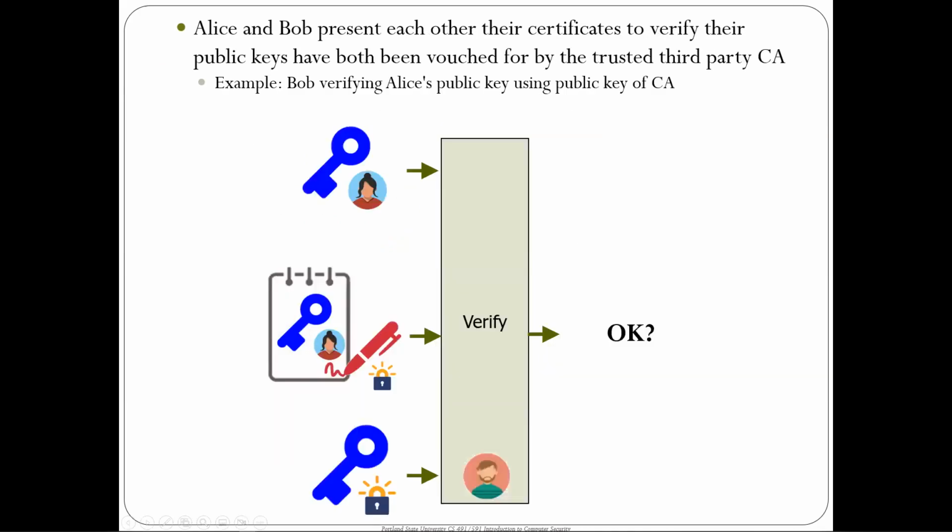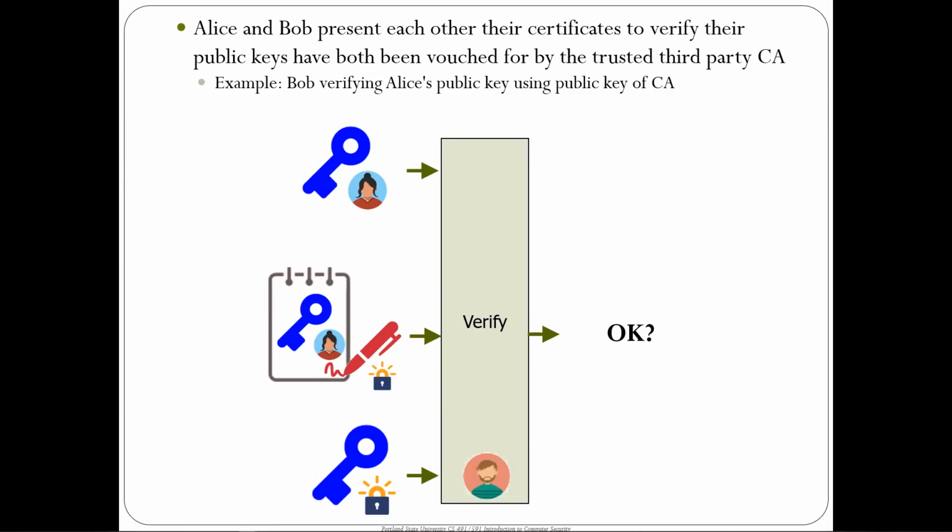So when they want to communicate, Alice sends Bob the certificate, and Bob pulls out her public key, pulls out the CA's signature of Alice's public key, and then takes the public key in the CA's cert and verifies that, yes, this public key was used to sign this public key, and that these two things match. Okay, so this is Bob verifying Alice's public key when Alice sends Bob the certificate.